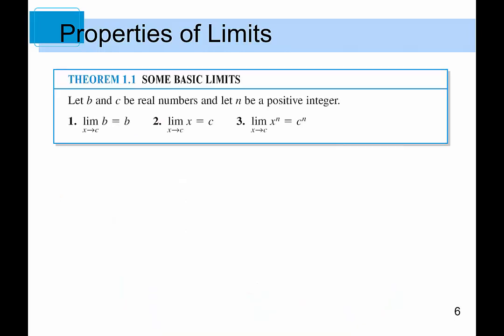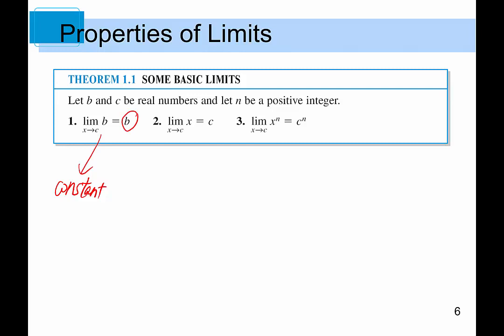Okay, so let's take a look at some basic properties of limits. Let b and c be real numbers, and let n be a positive integer. So limit when x approaches c for a constant b, so b is a constant. Limit of a constant at any point will be the same constant.